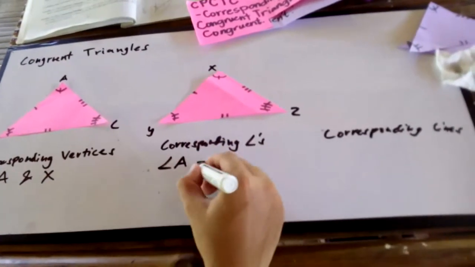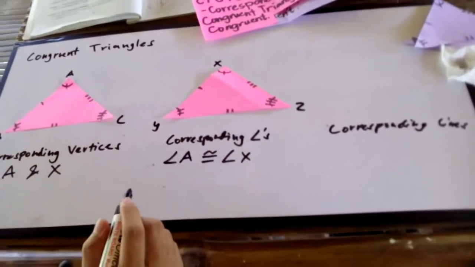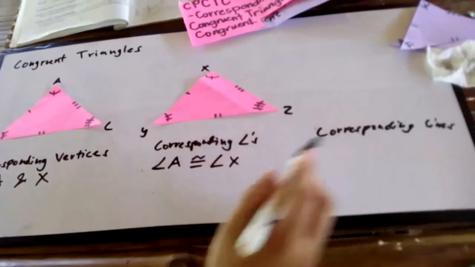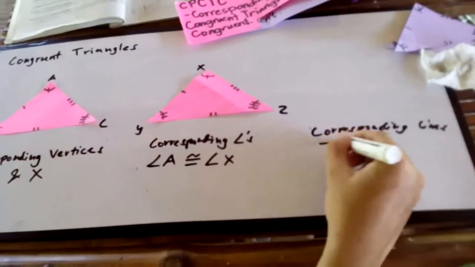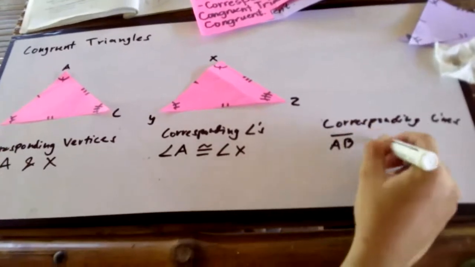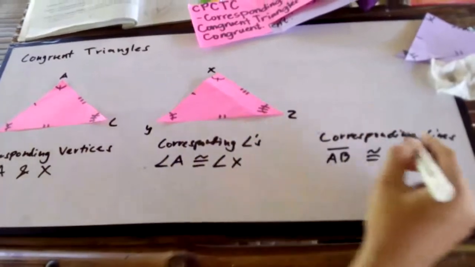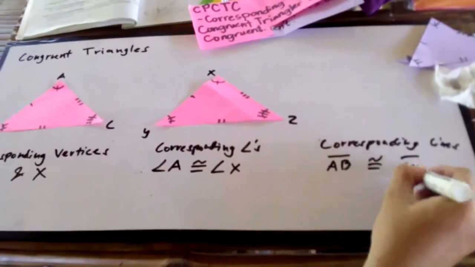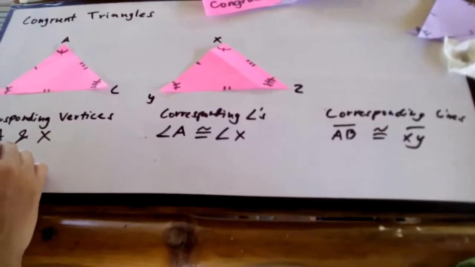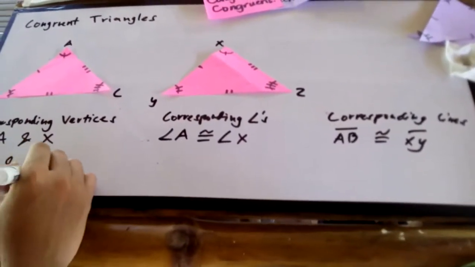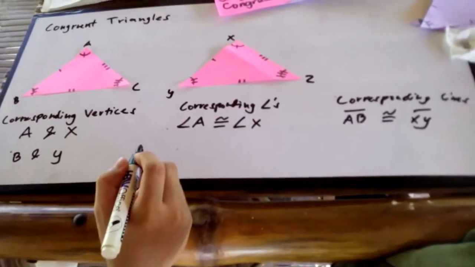The corresponding line is line AB, which is congruent to line XY. The next is B and Y. What is the corresponding angle?